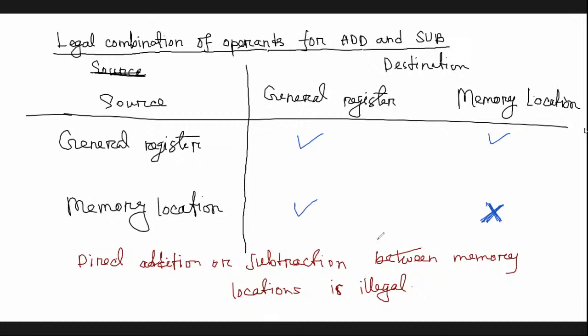Memory location means variable. That means you cannot directly add or subtract between two memory locations. It is not allowed.